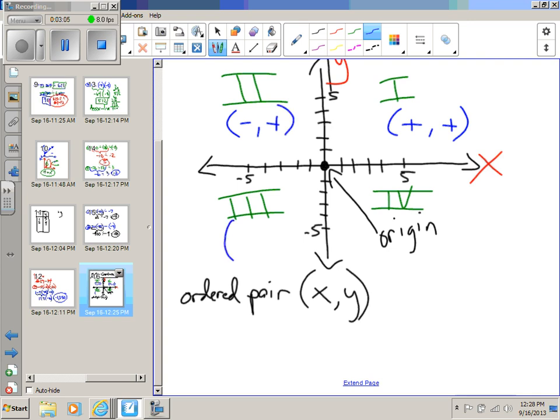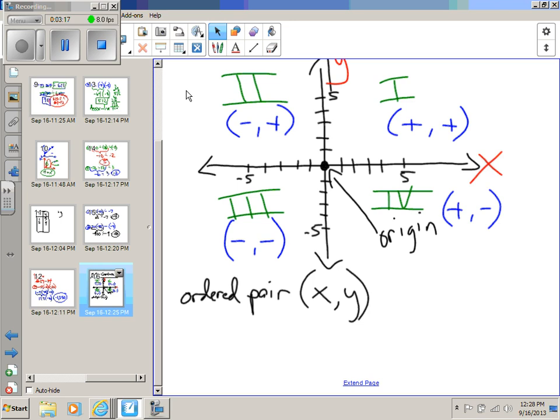Third quadrant, negative x and also negative y. And your fourth quadrant, positive x and the negative y. Okay? They may give you an ordered pair and ask you what quadrant it's in. That will give you an easy reference as opposed to having to graph every single one and find out that way.